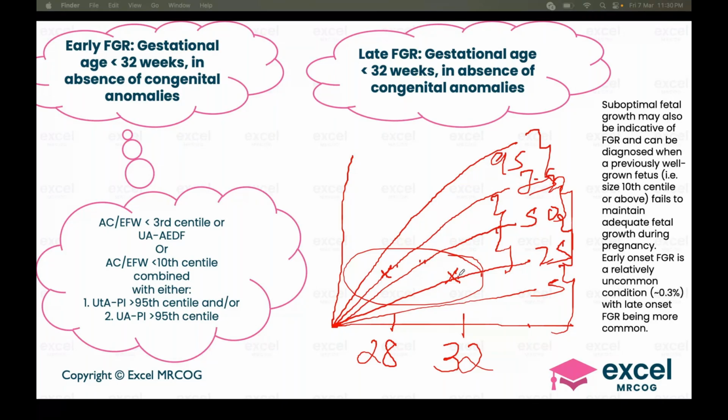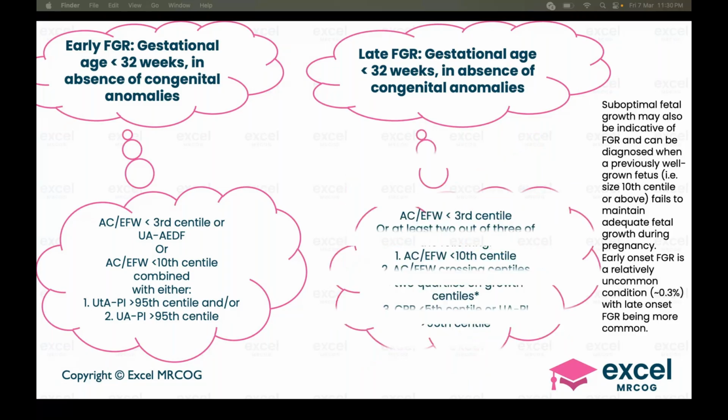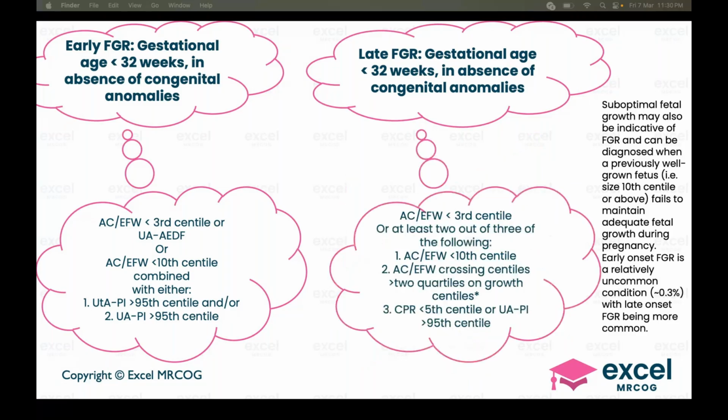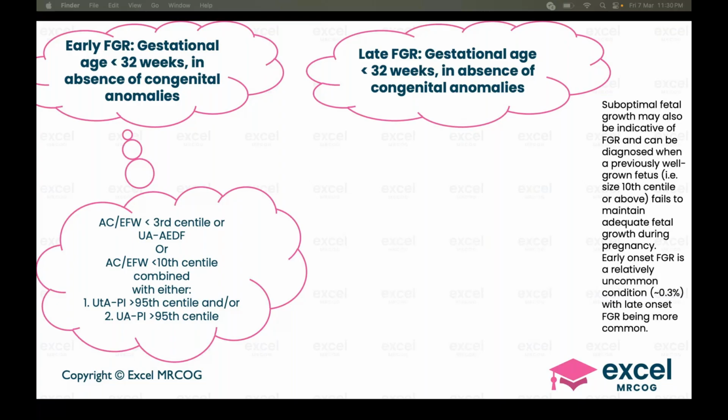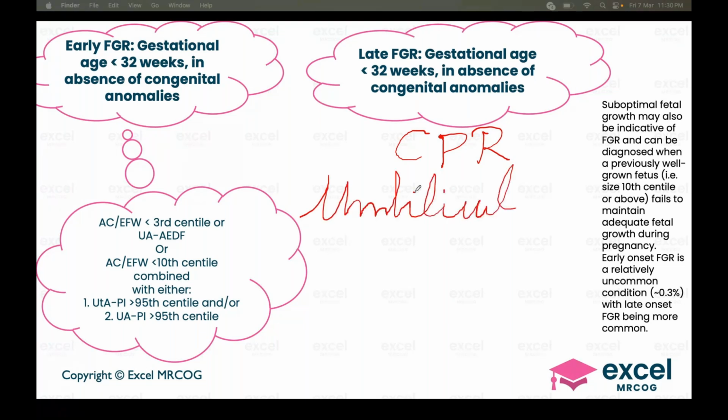All right. Also, the other point is CPR. Let's see what CPR is. CPR, cerebroplacental ratio. Normally, when the placental circulation is normal, the umbilical artery flow has less resistance.